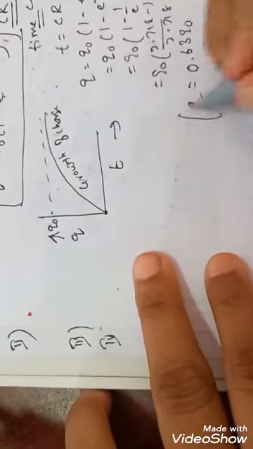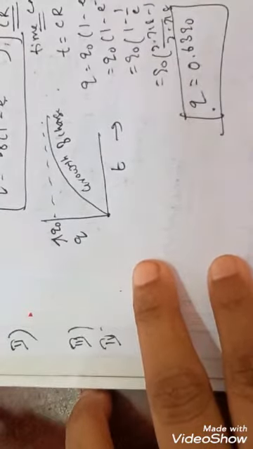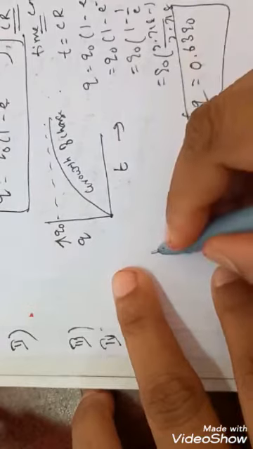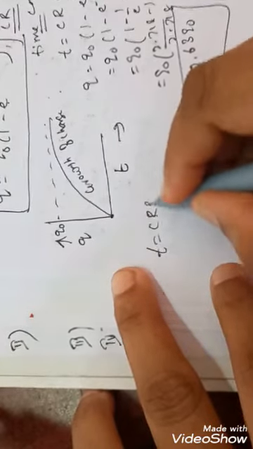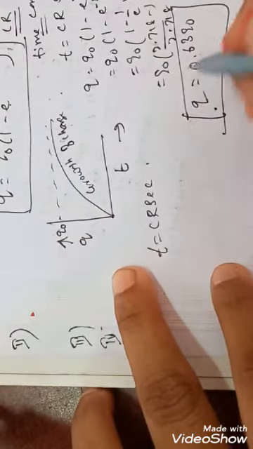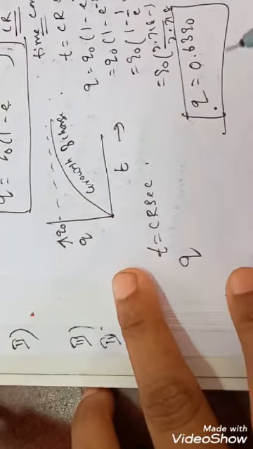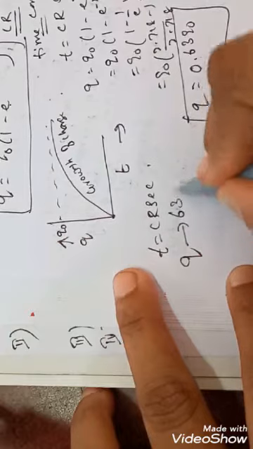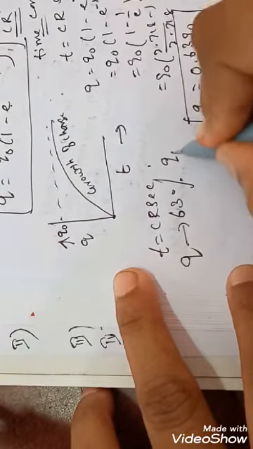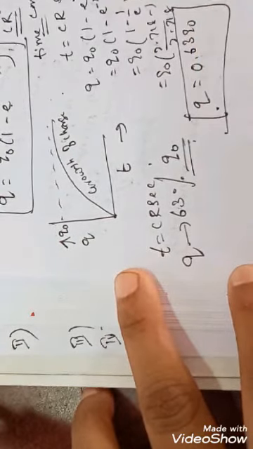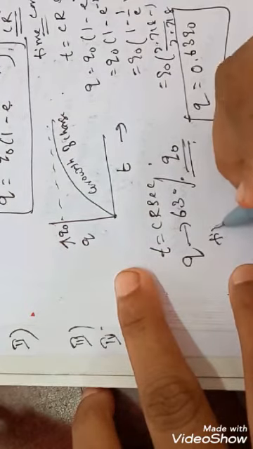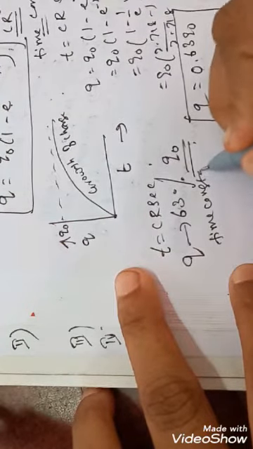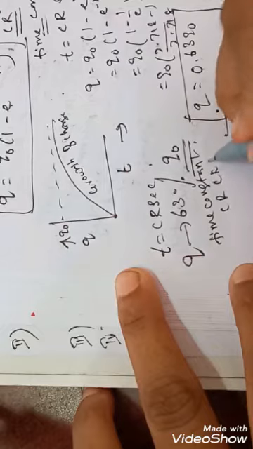So what is the time constant? At t equal to CR seconds, if the charge increases to 63% of its maximum charge, then we call it the time constant of the CR circuit.